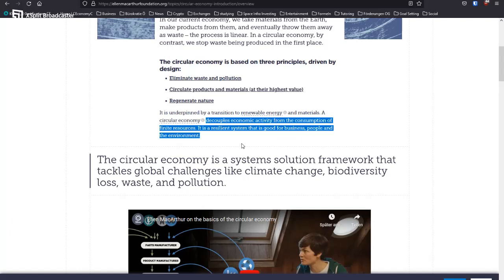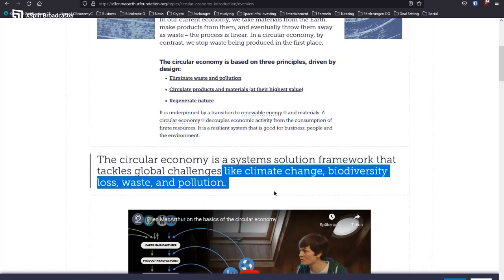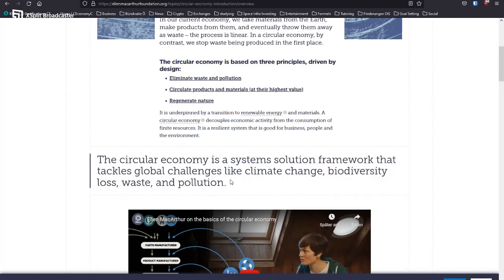It is a systems solution framework that tackles global challenges like climate change, biodiversity loss, waste, and pollution. The circular economy framework touches on every sector in the economy worldwide. It is a regenerative system solution framework that is applicable universally to every sector of the economy on planet Earth.